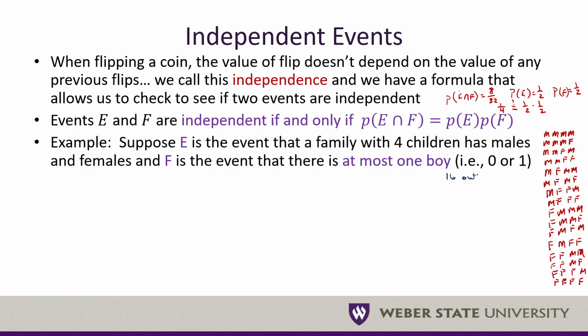There are 16 outcomes for 4 kids. So E is all the stuff in the middle here, where I have both males and females. E is equal to 16 outcomes, or pardon me, 14 outcomes.